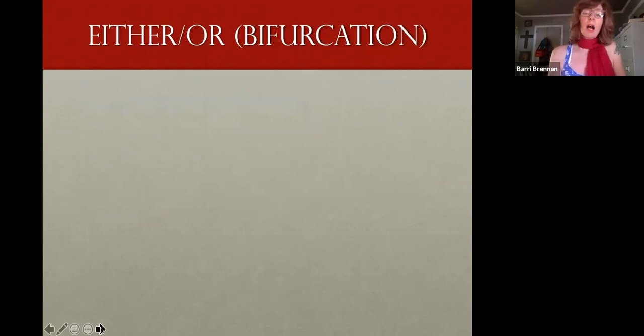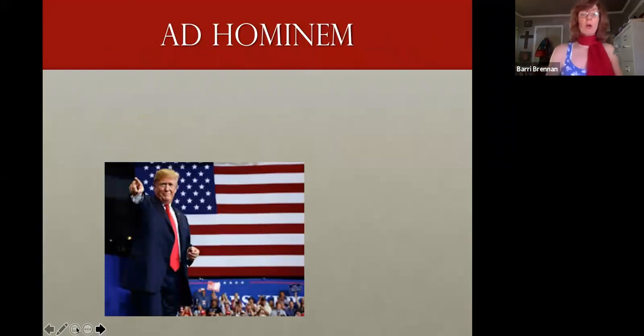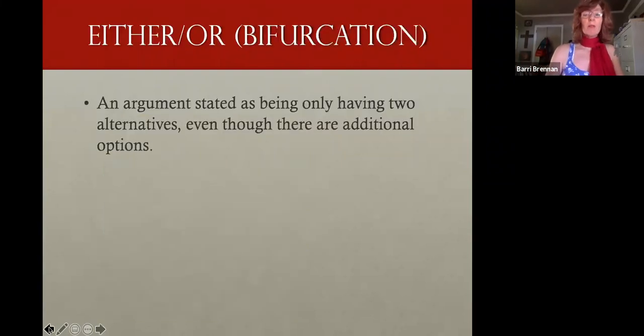All right. Either-or bifurcation. This is really easy. When someone says there's only two ways to do things, there's only two alternatives. An argument stated as having only two alternatives, even when you know there are additional options.